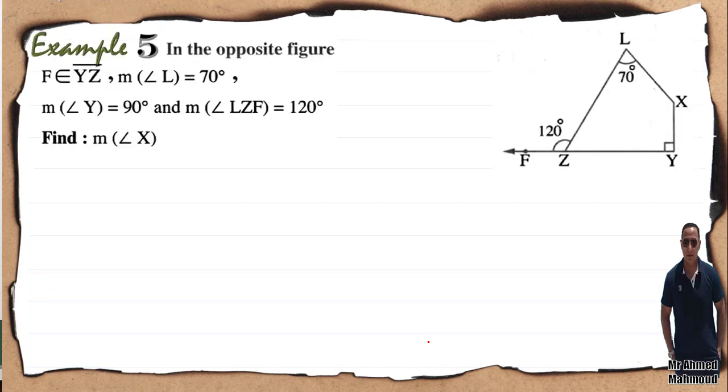Now example 5. In this example we have F belongs to YZ. He needs to tell you that this angle is straight. Okay, measure of angle L equals 70, Y equals 90, Z equals 120 is exterior, so find the angle X. Because this angle is straight, I'm going to subtract 180 minus 120 equals 60 degrees.